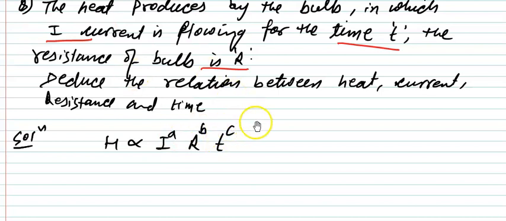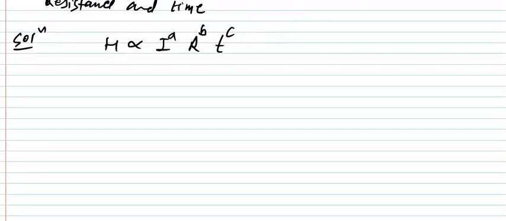We already know the dimensional formula of the heat. The dimensional formula of heat is that of energy, so it is M to the power 1, L to the power 2, T to the power minus 2, right? And there is one more term, current. Current is also present in the 7 base fundamental units, so we have to add current here.